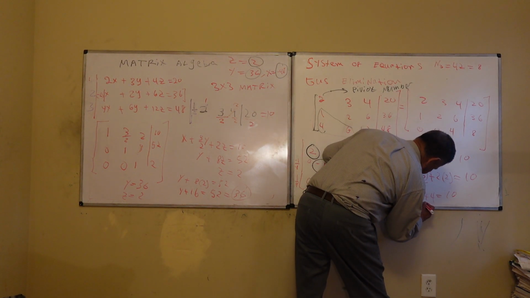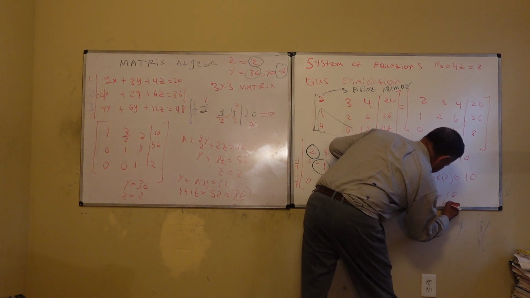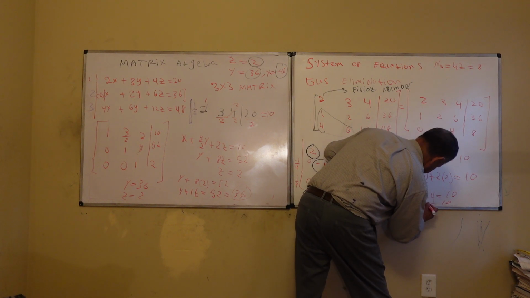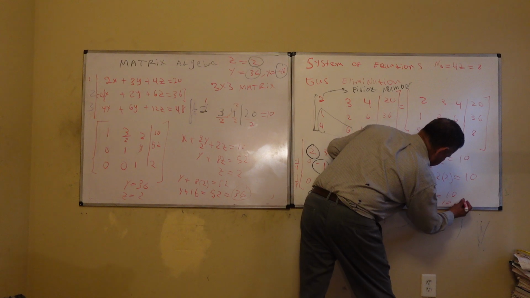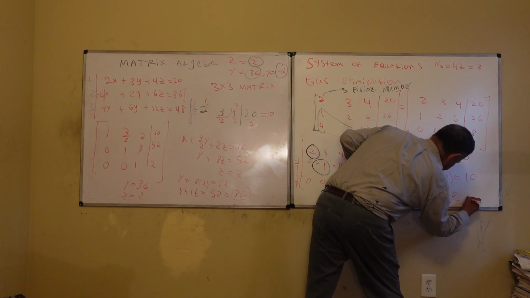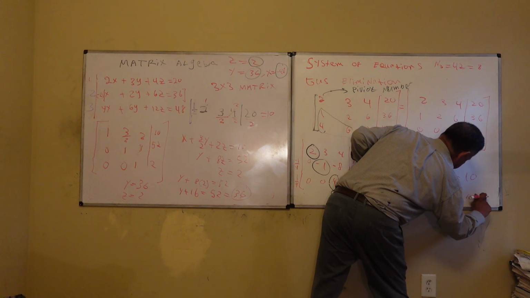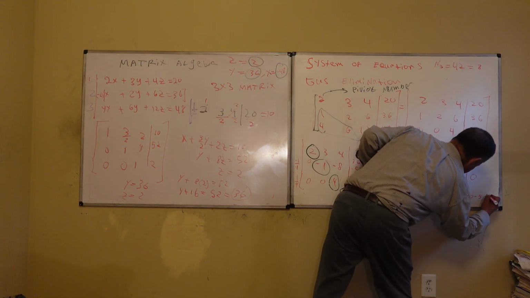When you move this to the other side, this becomes 10 minus 58, which is equal to negative 48.